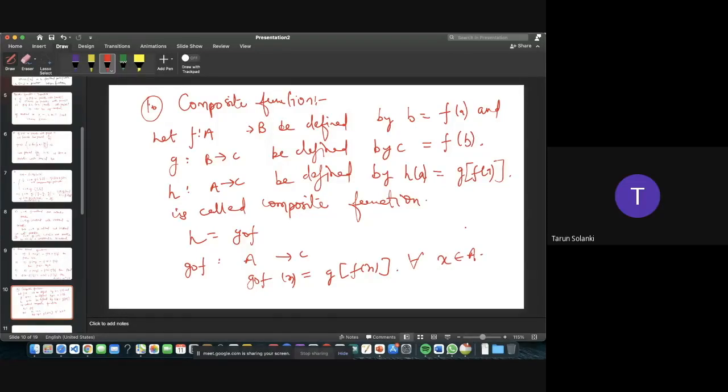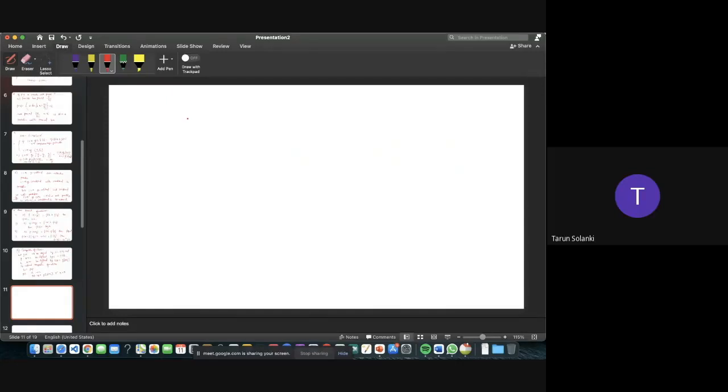So if you draw this circular notation, sorry, so this is x in A, f(x) in B, g(f(x)) in C, right?